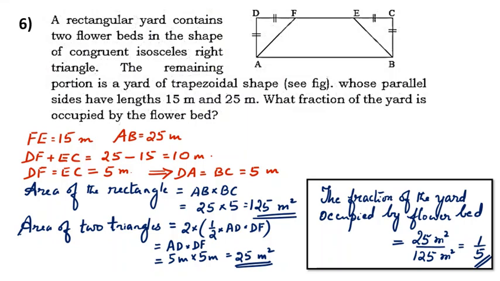Parallel sides of this trapezium are given as 15 meter and 25 meter. See, when they say parallel sides of the trapezium, I have to focus only on the trapezium. Don't look outside. Triangle and all not needed. So in the trapezium, EF is 15, AB is 25. Who told EF is 15?